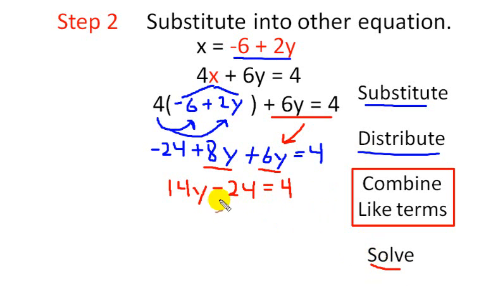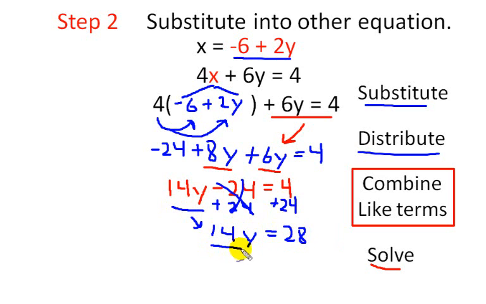To solve this, I want to cancel out this minus 24 by adding 24. So I'm going to add 24 to both sides. That's going to cancel this out. I'm going to get left with 14y is equal to 4 plus 24, which gives me 28.